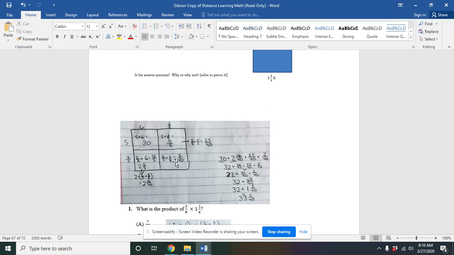No, they need to have the same exact denominator in order for us to add or subtract, always, okay? So I had to convert these two pieces of my area model to make sure that they match my denominator in my final block right here. Now, of course, after you're doing the area model, you need to add all of these pieces together to get to the final answer.